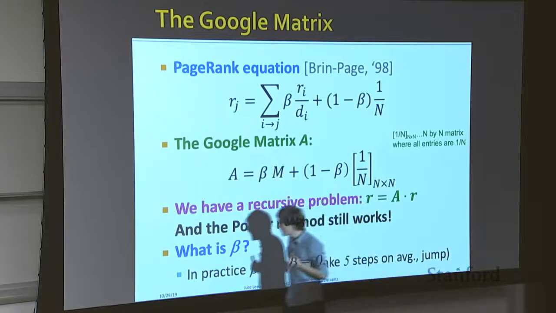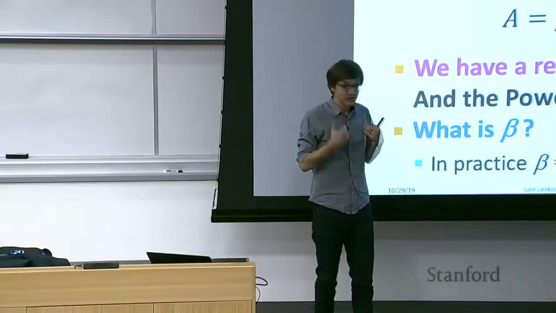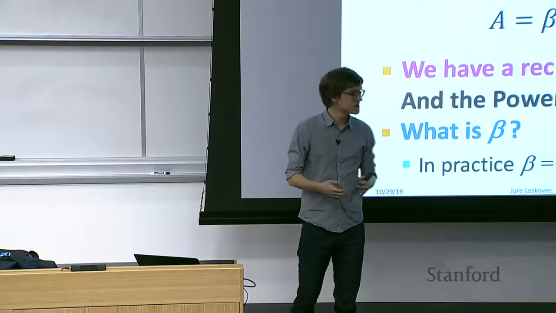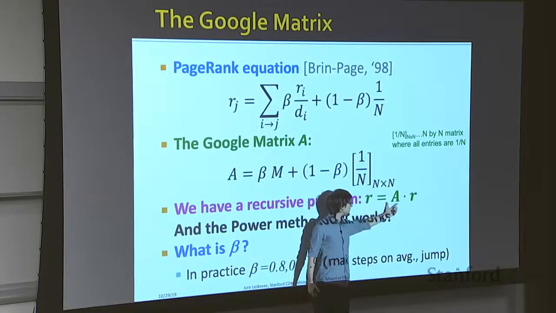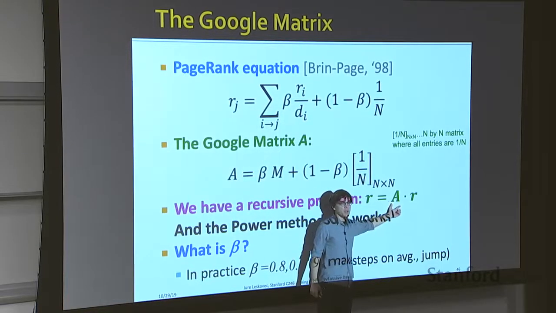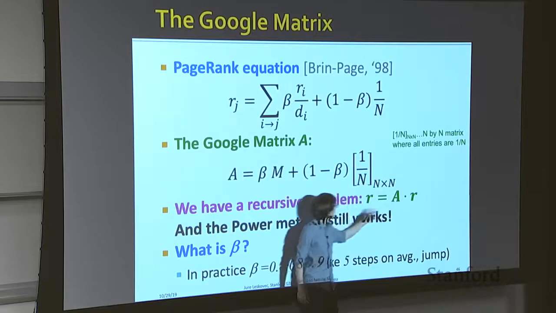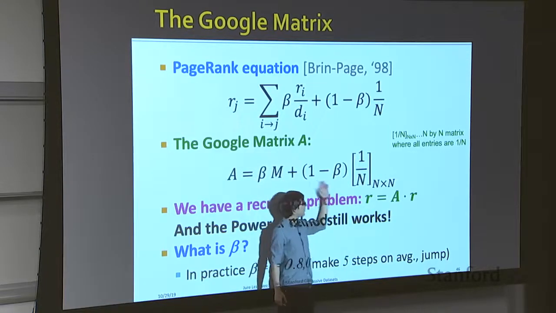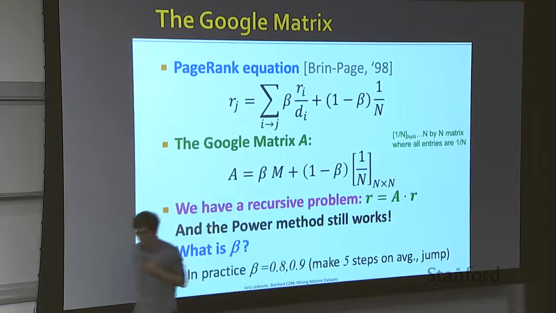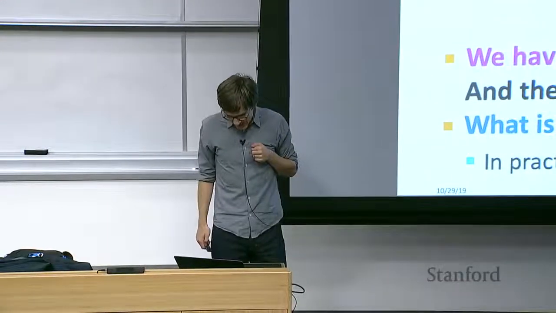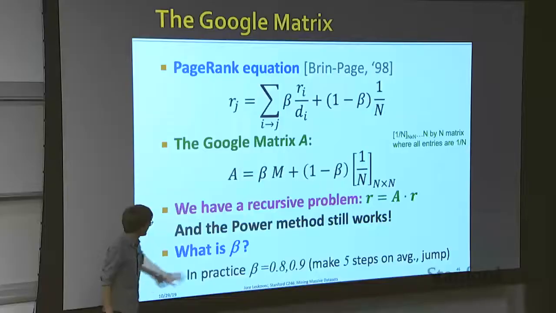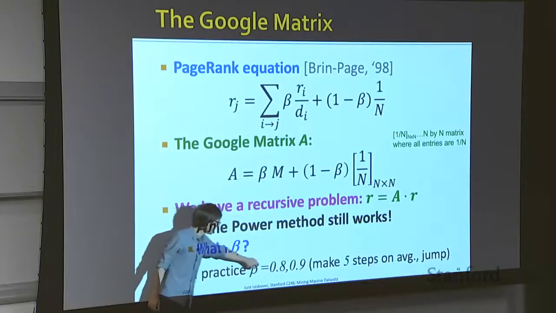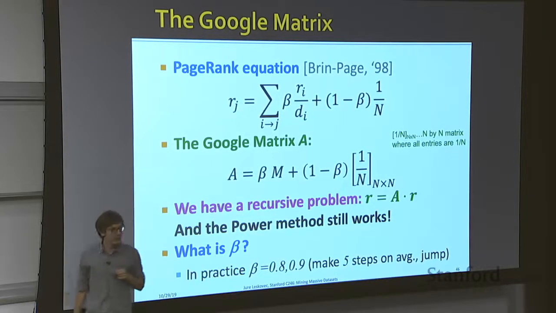So what does this mean? This means that even this random walk with teleportations is still an eigenvector of a different matrix, right? This matrix A is both the matrix M plus some constant matrix, right? This is what I wanted to say here. And as I said, beta is usually between 0.8 and 0.9. 0.85 is a good number.